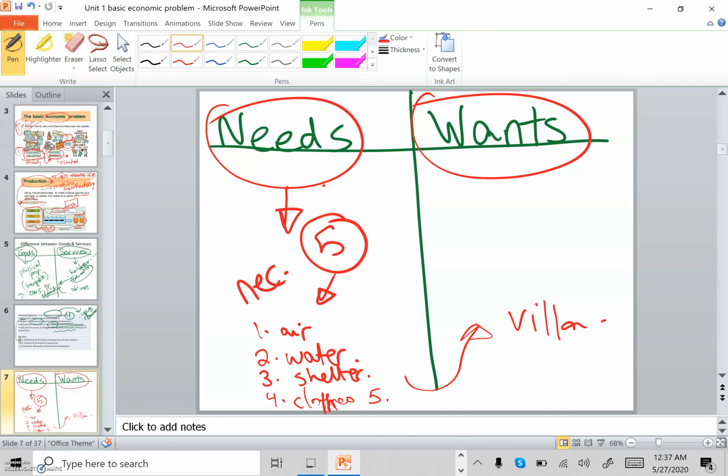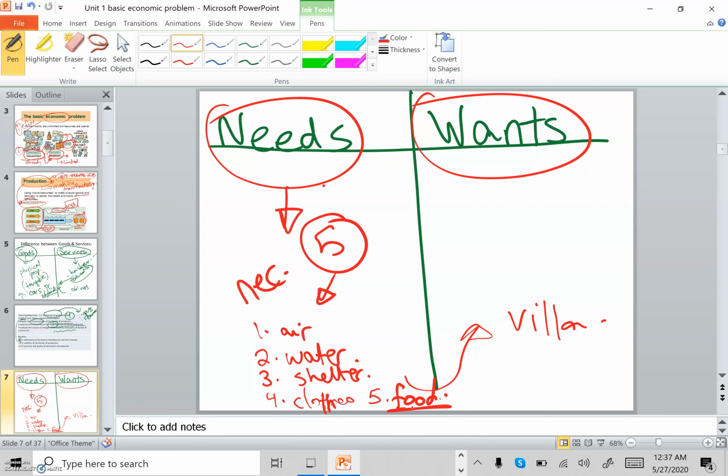Now I know some of you might be thinking, Miss, we can't survive without clothes. No, it's not true. For instance, the people that live in Russia, they cannot survive without clothes, right? And the 5th one would be, come on, think with me. Food. The most important thing. We cannot survive without food, okay? So we need these 5 things, whether we are rich or poor, in order to survive.